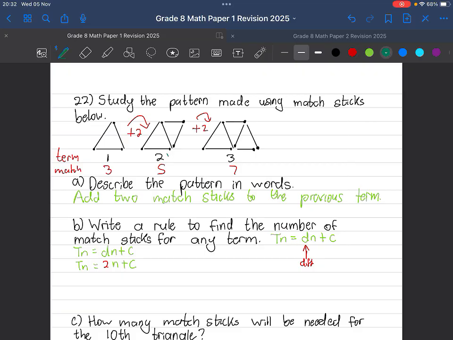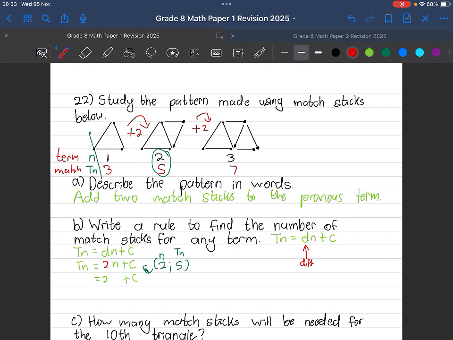So let's have a look at this one. This one says that you are in the second term and you have 5 matchsticks. So your n value is the term. The number of matchsticks is your Tn value. So this is your Tn value. We're going to go ahead and try and fill this into this equation, which leaves us with something that looks like this here.